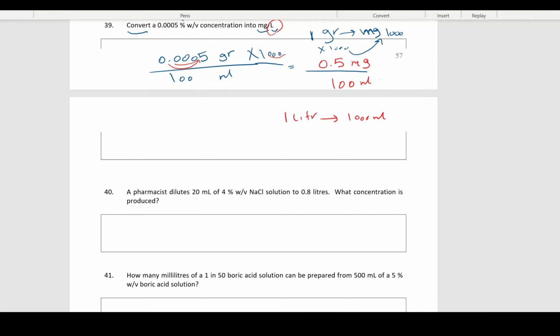If I multiply my denominator by 10 and my numerator by 10, I will get 1,000 in the denominator and 5 milligrams in the numerator. So we have 5 milligrams in 1,000 milliliters, which is equal to 1 liter. So 5 milligrams in a liter.